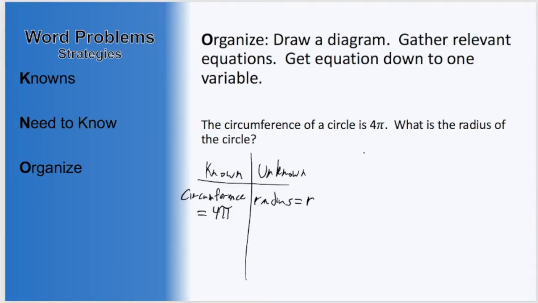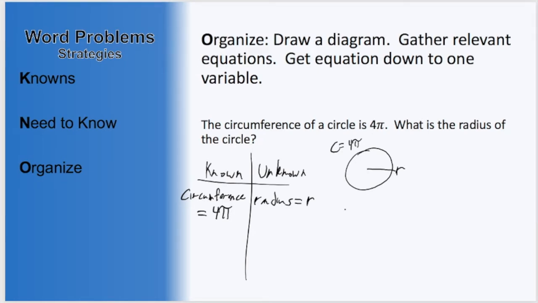Going back to our circle example here, while it's not crucial in this case, we can go ahead and draw a diagram of our circle. We will label the radius r, which we don't know, and we have that the circumference is equal to 4 pi. Next, we want to figure out what equation we want to use.